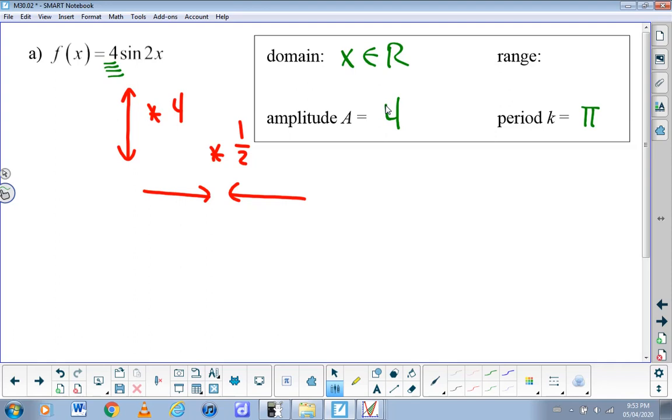Because if sine goes up to 1 and we multiply that by 4, it's going to go up to 4. If we multiply it by 8, it's going to go up to 8. The range we can see from the graph goes from -4 up to +4. So the rule that we want to try to develop is the range will always be from the negative of the amplitude to the positive of the amplitude.